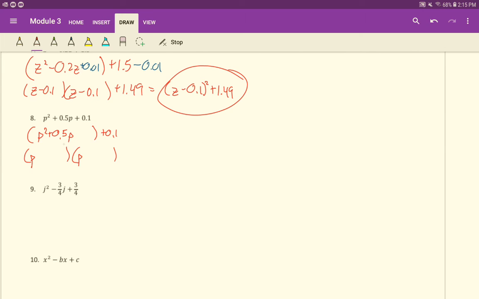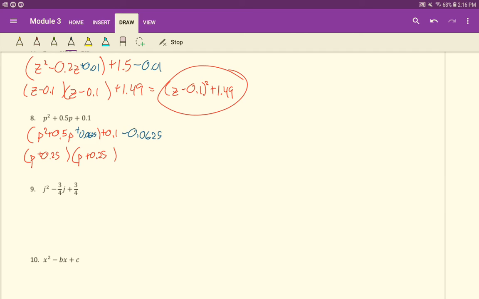Okay, again, p and p. Half of that is going to be 0.25, which means that we're missing right here 0.0625. Didn't leave myself much space there. There we go. And we'll subtract 0.0625.